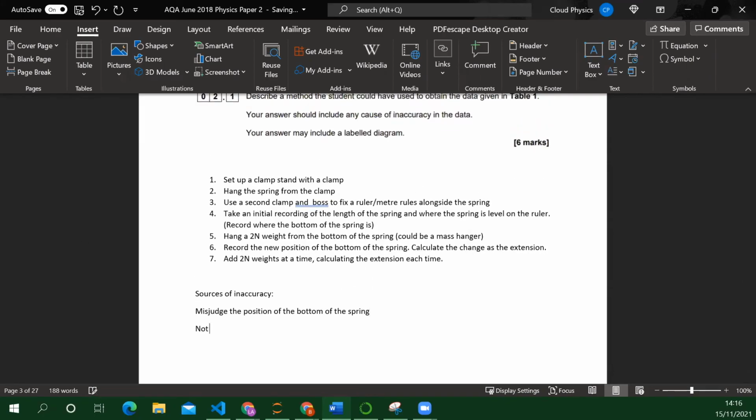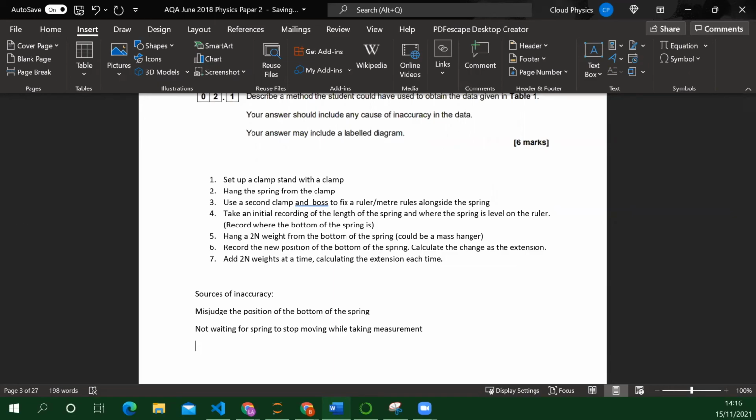So not waiting. If you think in your head about what would happen if we did this, you need to wait for the spring to stop moving while taking the measurement. Lots of these things allow quite a few different answers.